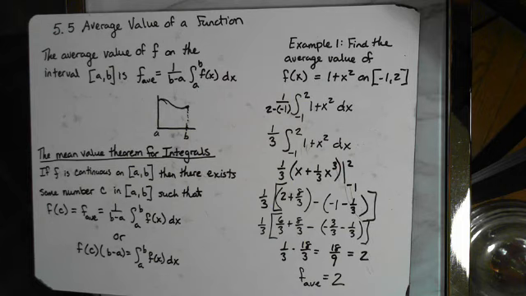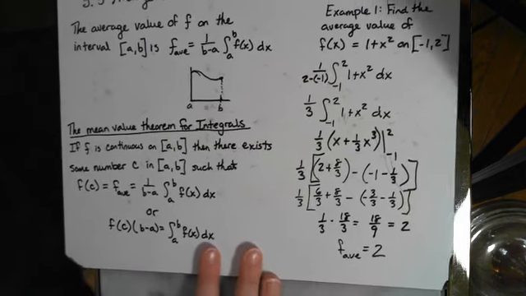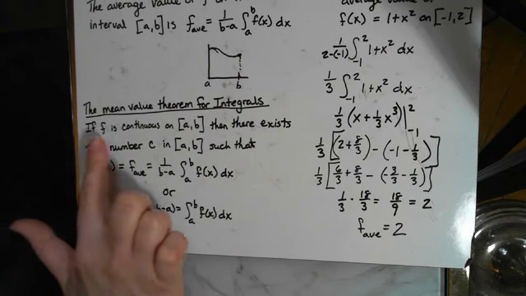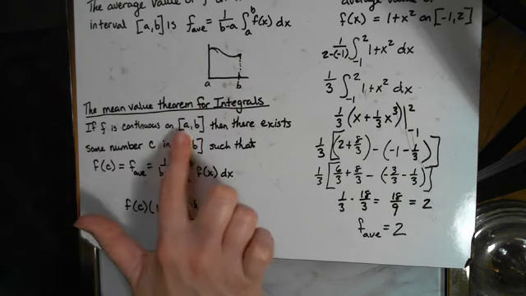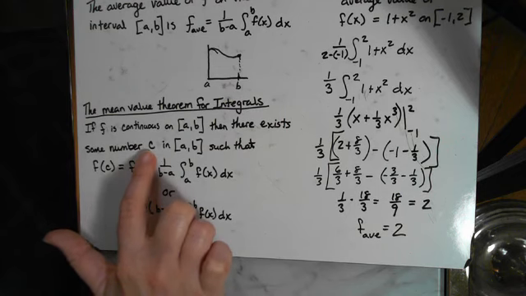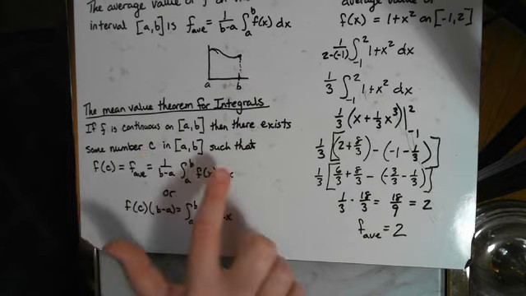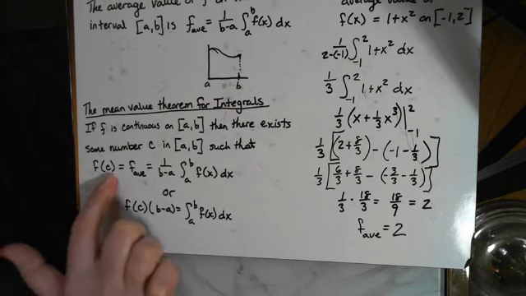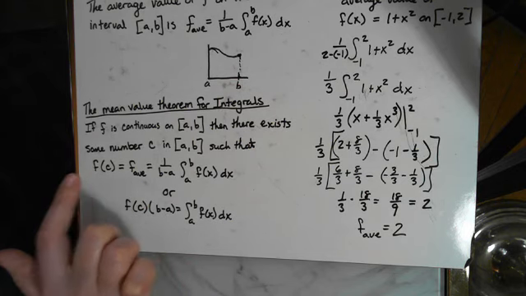The next thing we have to talk about is the mean value theorem for integrals, and it is linked to that average value function. It says if f is continuous on the interval, then there's going to be a number c in that interval, so an x value in the interval, such that my average value is equal to that function.